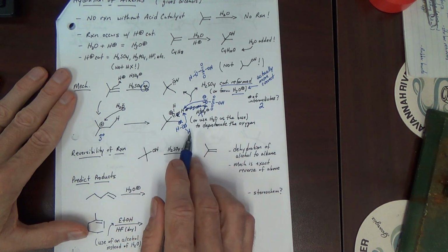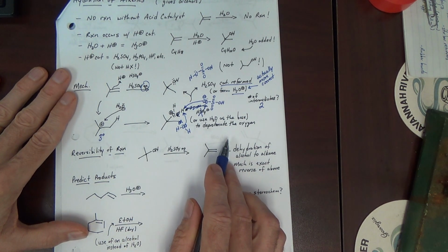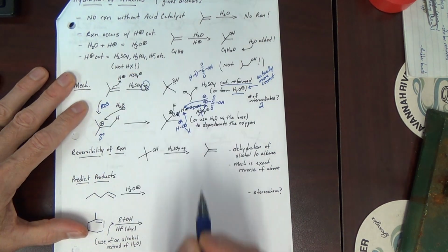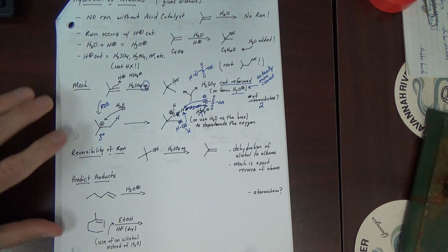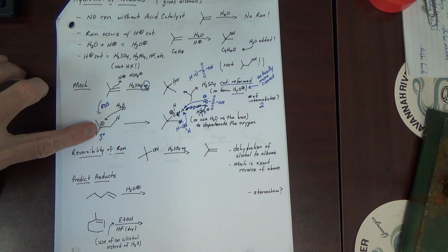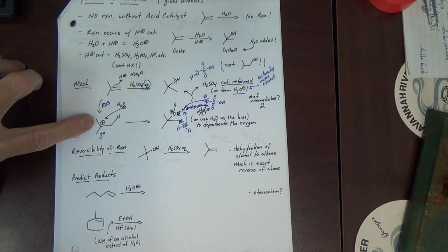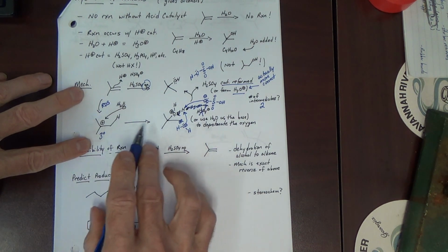All right. This is 3 steps. The first step is going to be the rate determining step. Forming the carbocation is typically the rate determining step in most all of these reactions. Then we start going downhill from there.